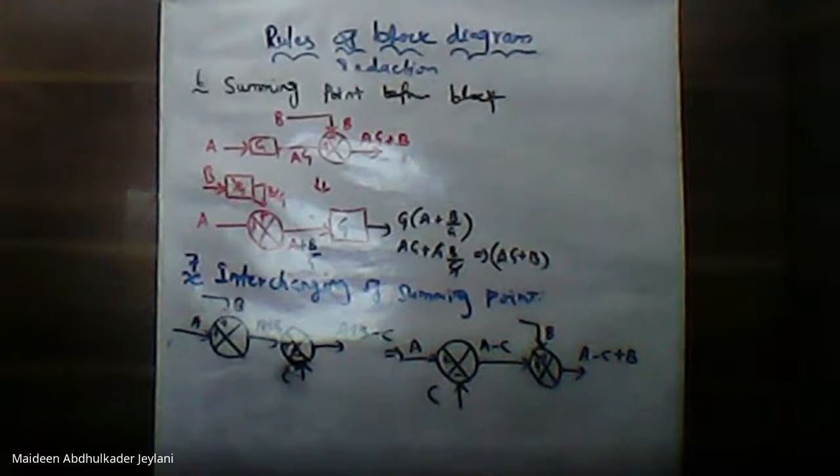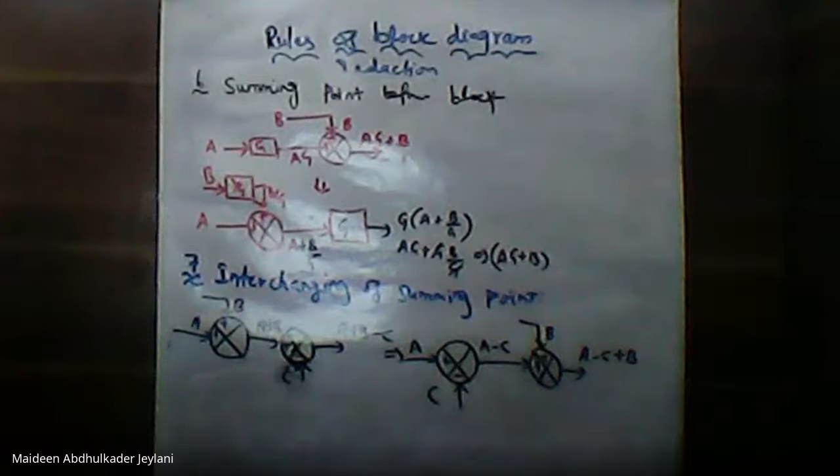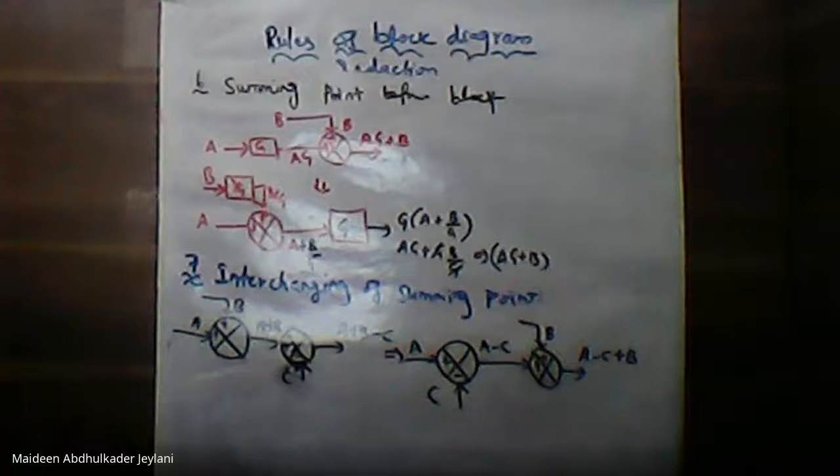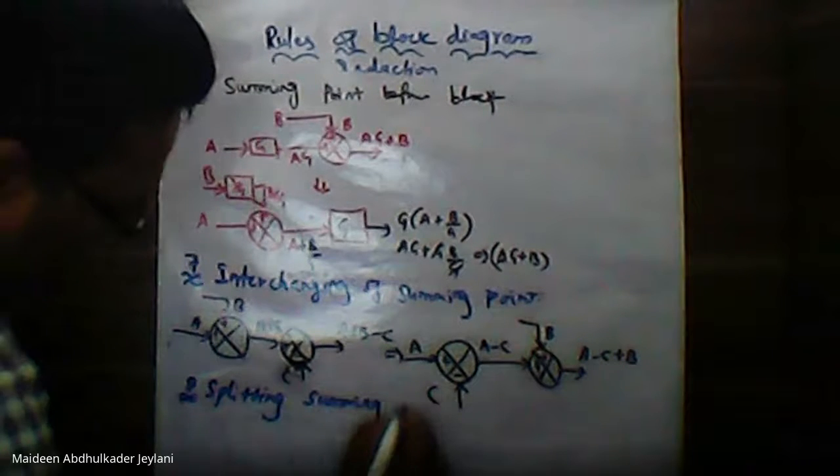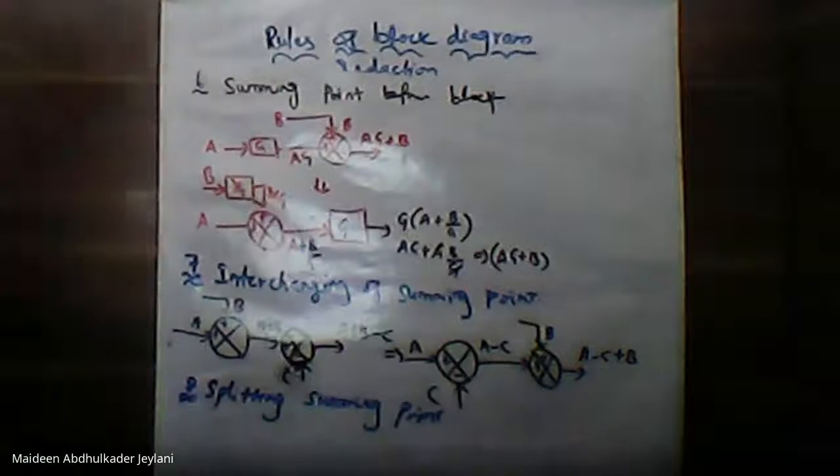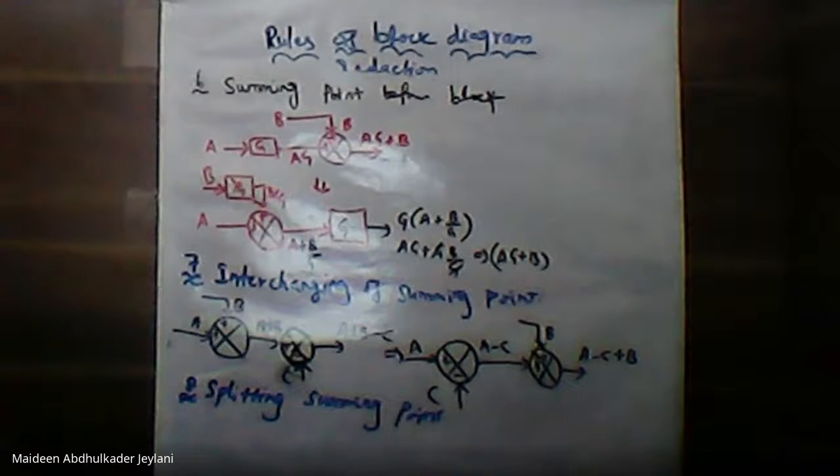We are in the situation of splitting the summing points. Consider that your summing point has more than two inputs. We need to split that summing point. Let's see how we can split the summing point.